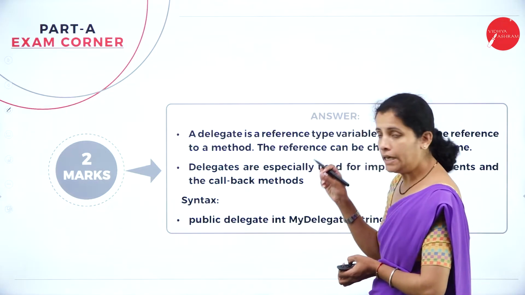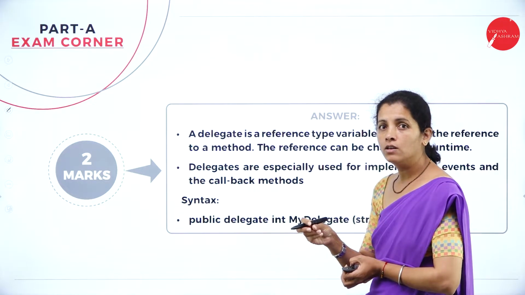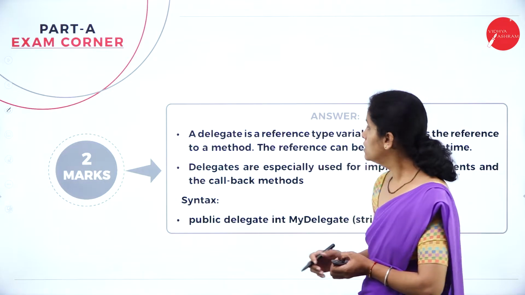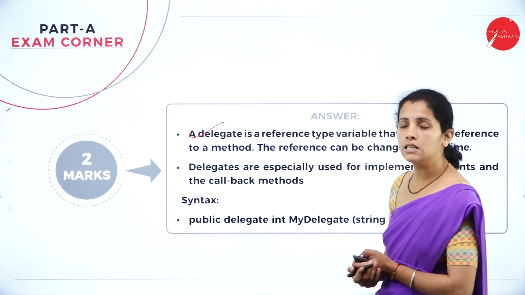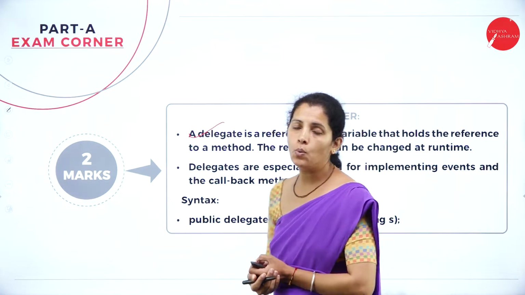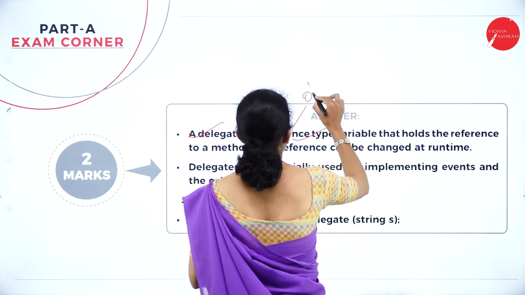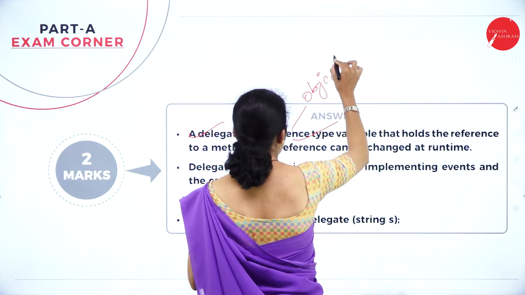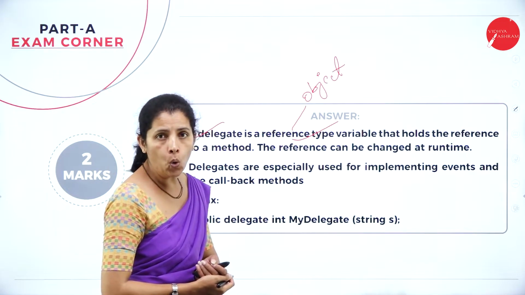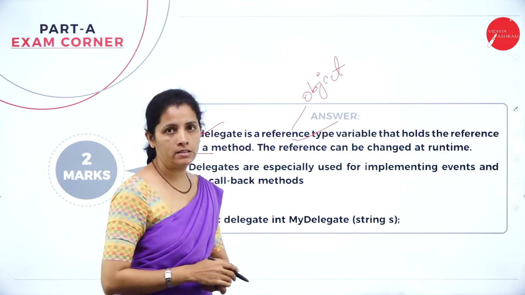But in delegates, I am going to create the reference. And to whom am I going to create the reference? To the method. So, a delegate is a reference type variable. So, what is a reference type? That is nothing but an object type variable that holds the address of a method.